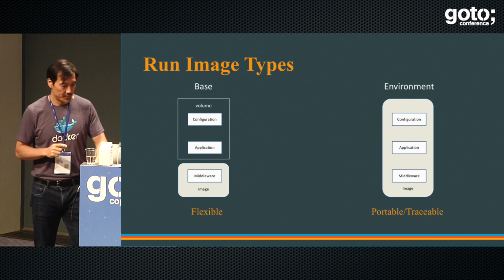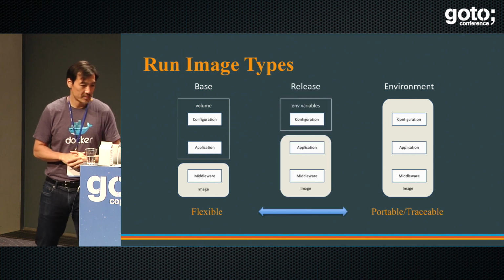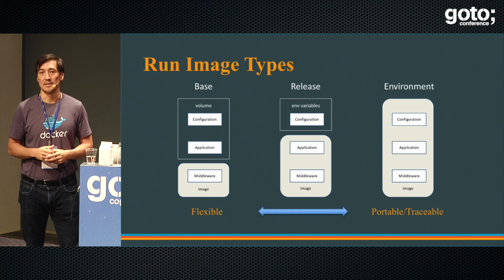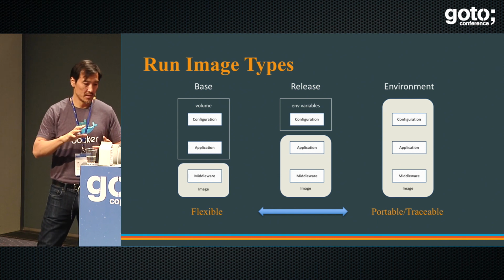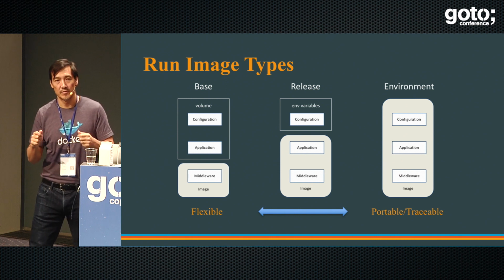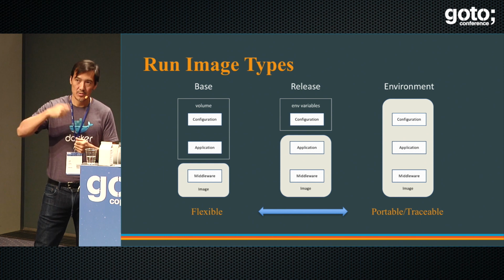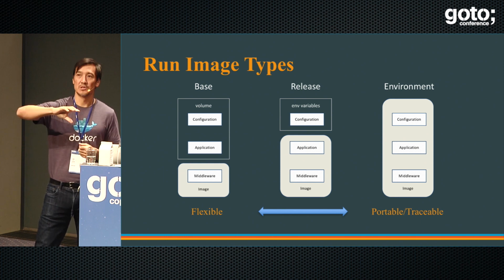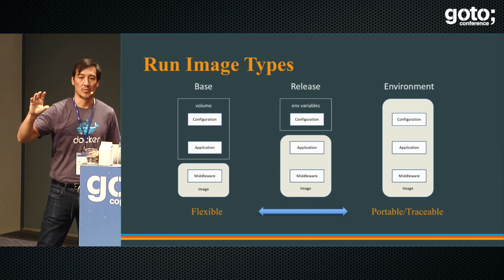Now, in between, obviously, there's a compromise, which is a release image. This is where you put the actual application, or the version of the application that you want to run, into the image, and then the only things that you inject inside are your environment variables.